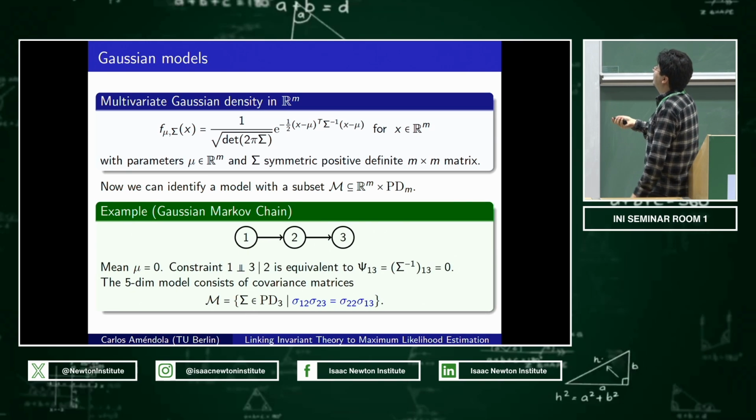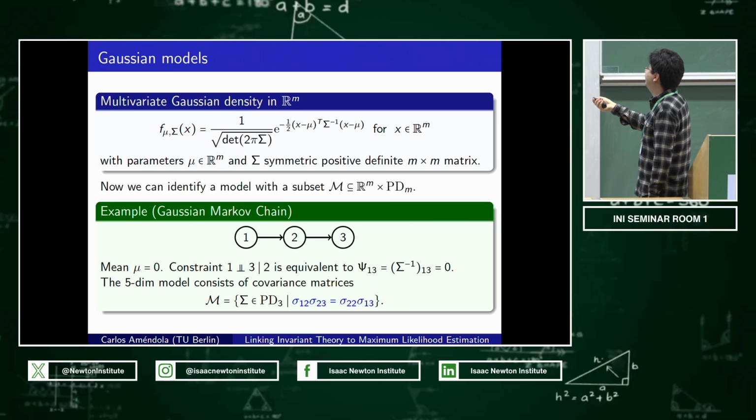One example is the Gaussian Markov chain, which is also a graphical model that we'll talk about at the end. The Markov property tells you that conditioned on the present, the past and the future are independent.